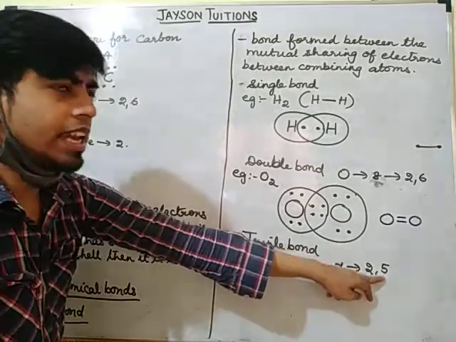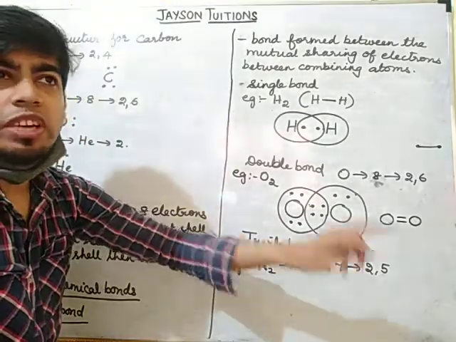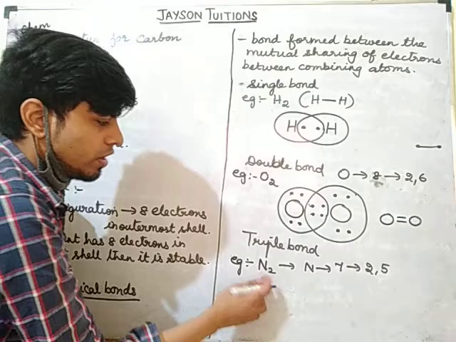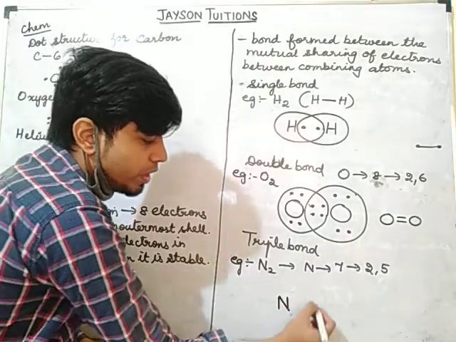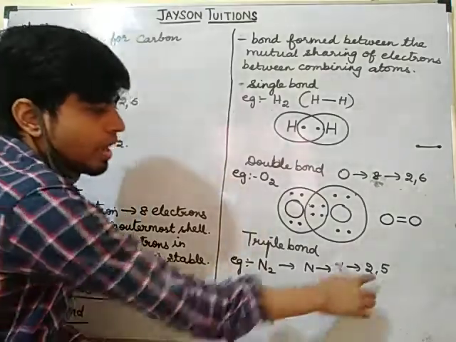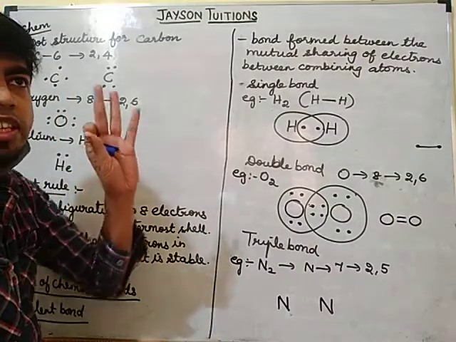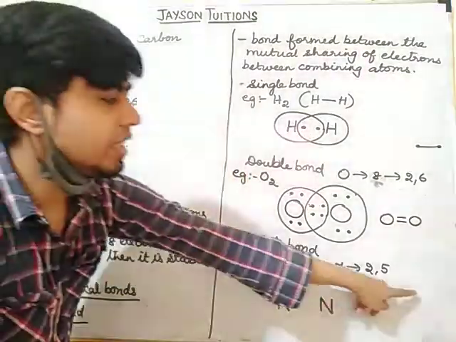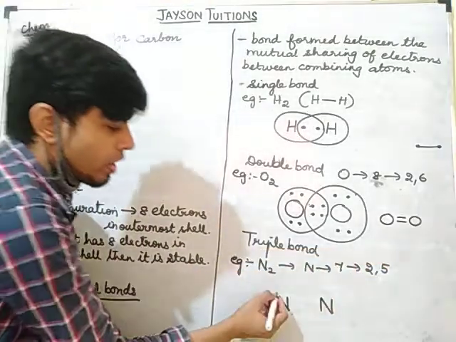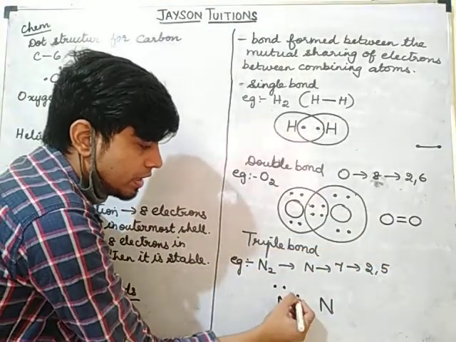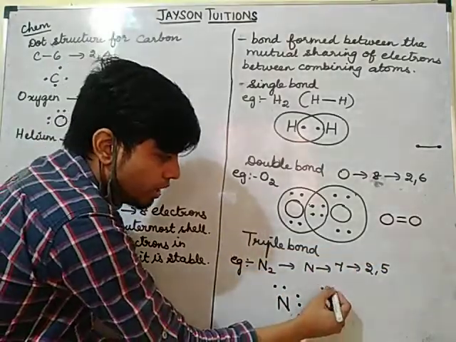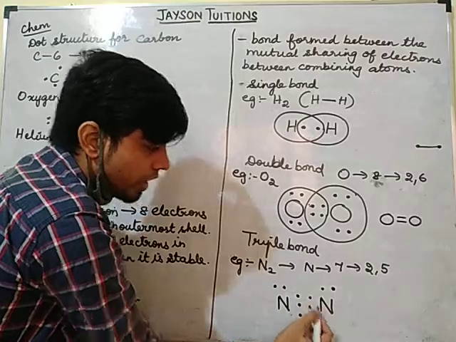It needs 3 electrons to become 8, so it will share 3 electrons. So for N2, 2 nitrogens I have to put, 5 dots each. In those 5 dots it will share 3 because it needs 3 electrons. So 1, 2, 3, 4, 5. 1, 2, 3, 4, 5.